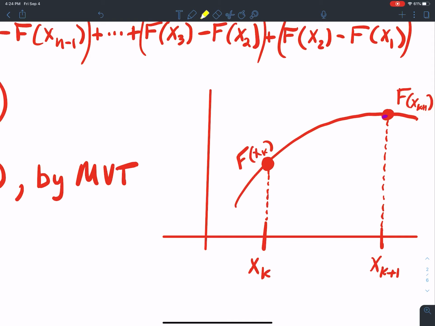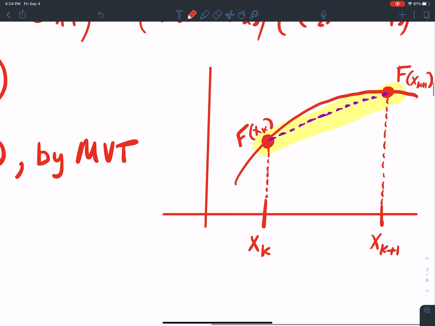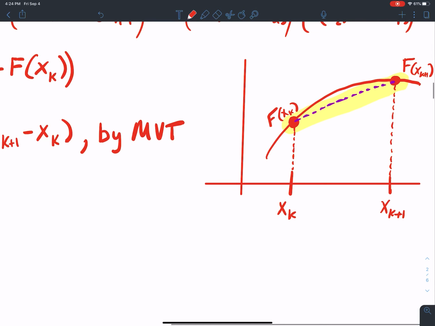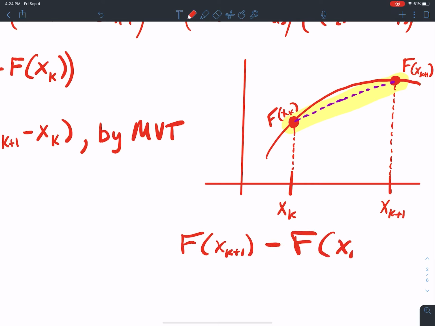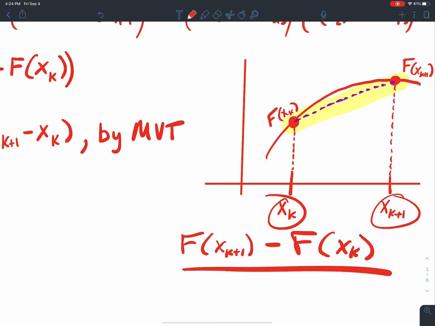Now, the slope of the secant line, how is this represented? This is y2 minus y1, so F of xk plus 1 minus F of xk, all over what? Y2 minus y1 over x2 minus x1, x sub k plus 1 minus xk, right?